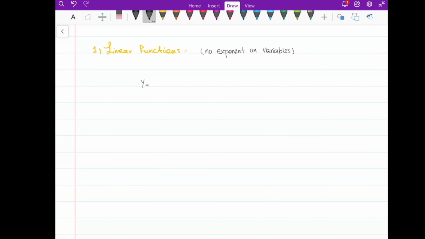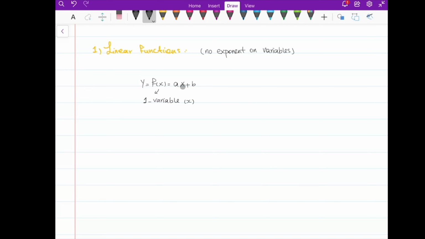For example, they could be like f of x equals ax plus b, where a and b are just some numbers, some constants, and x is just the variable. So this is called a one variable function. The one variable is just the variable x, and as I said, a and b are just numbers.